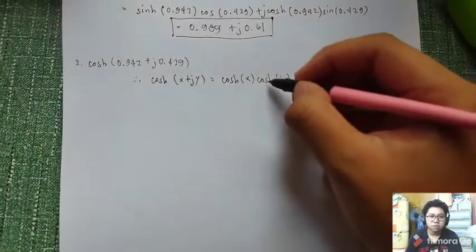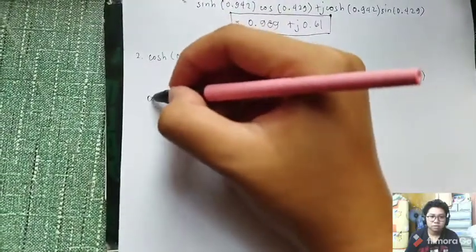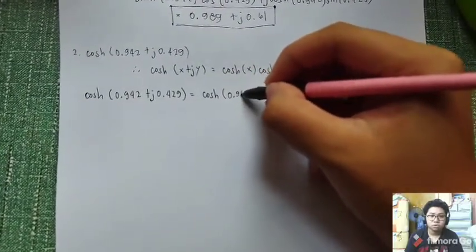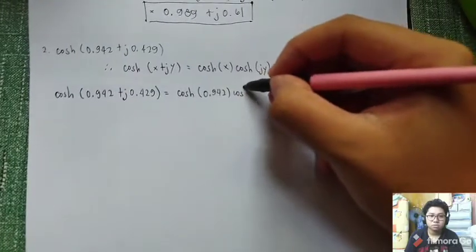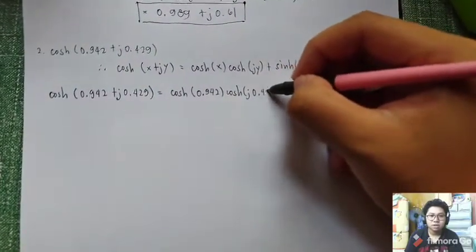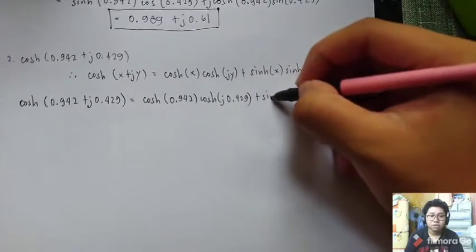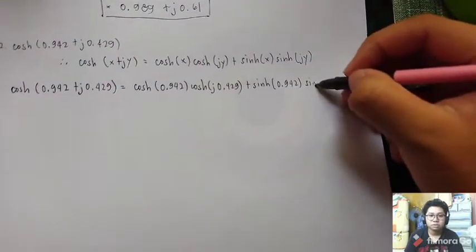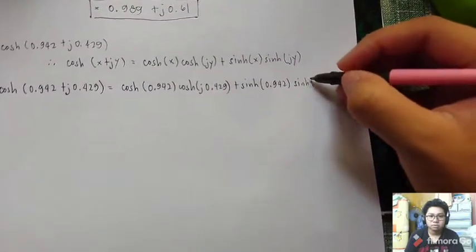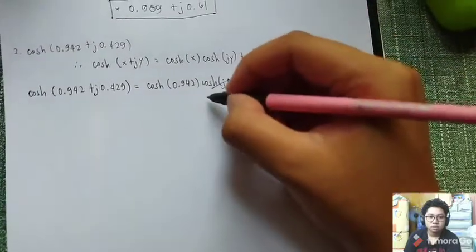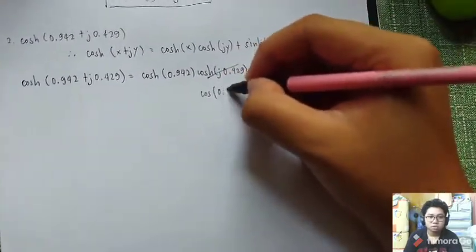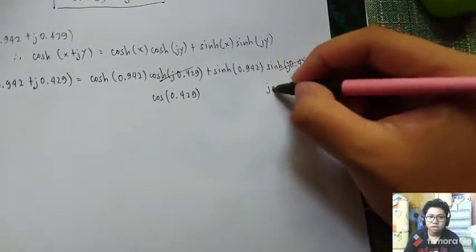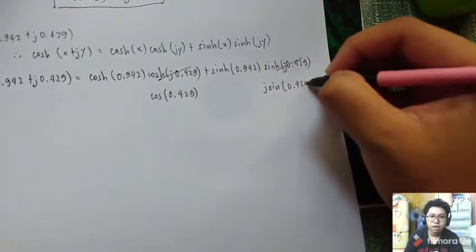Then we will use that property on our given, which is equal to the cosine hyperbolic of 0.942 times the cosine hyperbolic of j0.429 plus the sine hyperbolic of 0.942 times the sine hyperbolic of j0.429. And then the cosine hyperbolic of jy is equal to the cosine of y, and the sine hyperbolic of jy is equal to j sine of y.